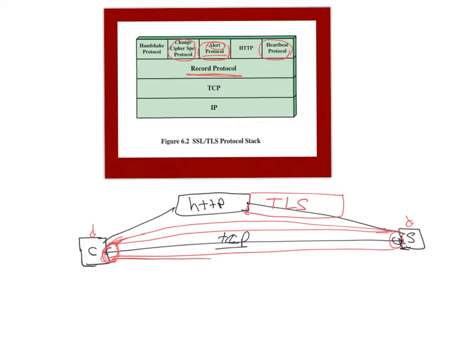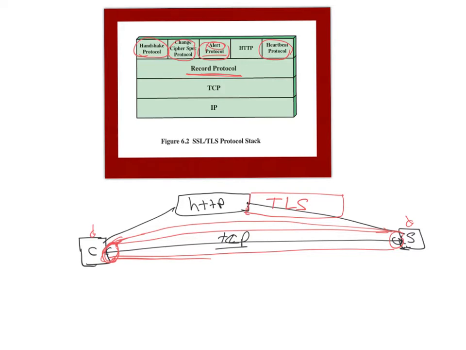Okay. So now we are expecting to talk about each of these protocols in detail, and before that we need to talk about the concept of a session in TLS and the concept of a connection in TLS.